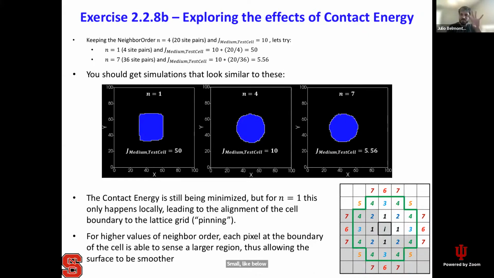The reason is that the contact energy of the cell was now looking at a neighborhood as big as the size of the cell, and the best way to minimize that energy was just to make the cell disappear.